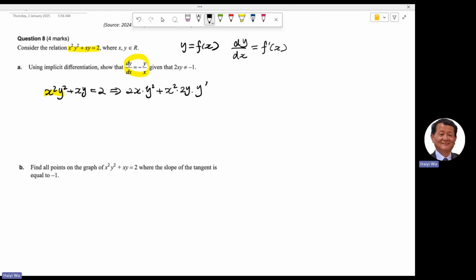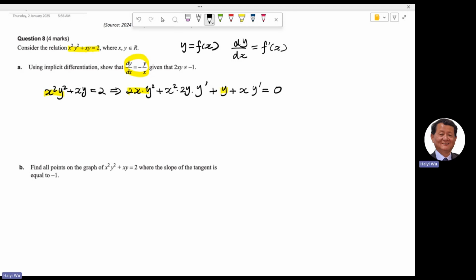Don't forget this is two levels, a composite function. Then we do the product of x times y, and we do the same thing. The derivative of x is 1, so we put a y, plus copy x, the derivative of y is y dash, equal to 0, because the derivative of 2 is 0. Now I'm going to factorize and put terms together.